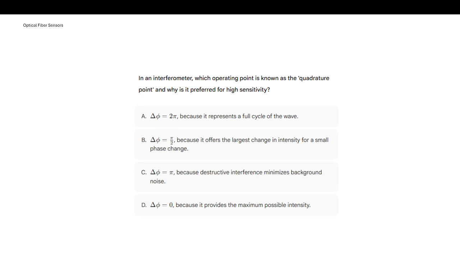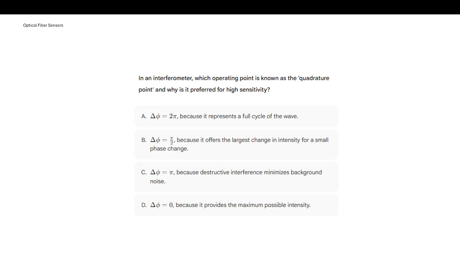Option A, del phi is 2 pi because it represents a full cycle of the wave. B, del phi is equal to pi by 2 because it offers the largest changes in intensity for a small phase change. C, del phi is equal to pi because destructive interference minimizes background noise. And the last one is D, del phi is equal to 0 because it provides the maximum possible intensity.